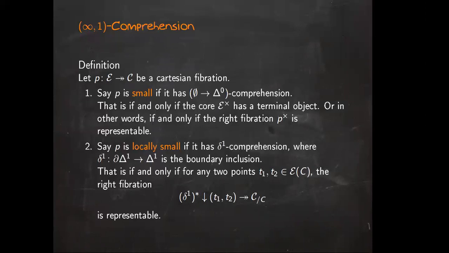I will draw a picture later, but we have T1 and T2. We have two other objects and Cartesian morphisms into T1 and T2, and we have a vertical arrow between those two objects, which is in some sense universal, in the sense that whenever we have any two other objects which have Cartesian morphisms into our original two points, and there is a morphism between them, then that morphism maps into that universal morphism, we hereby assume.